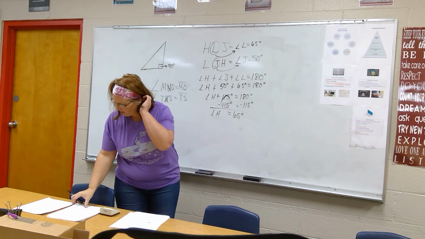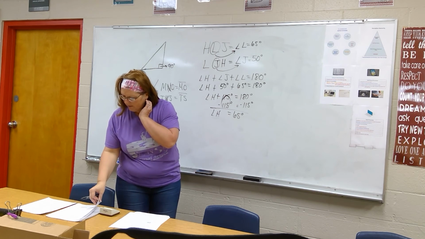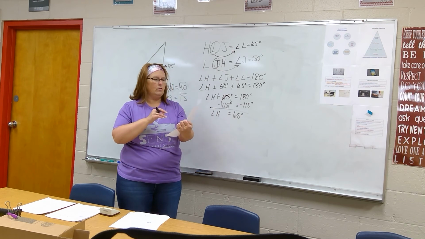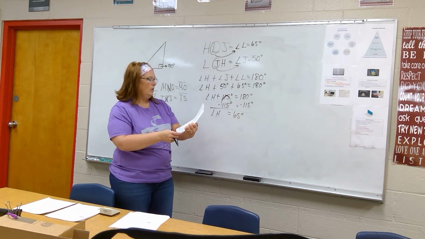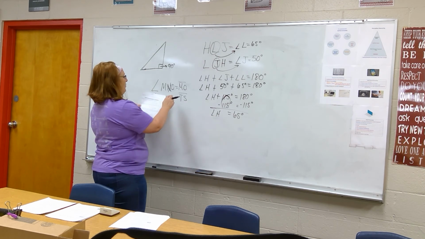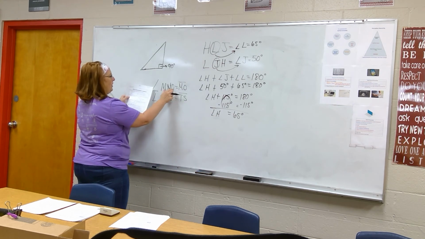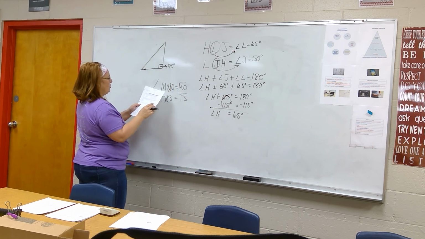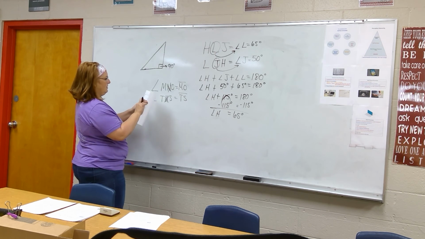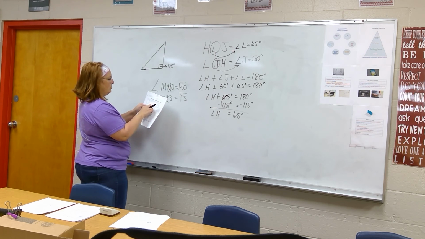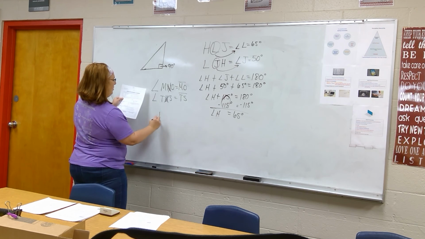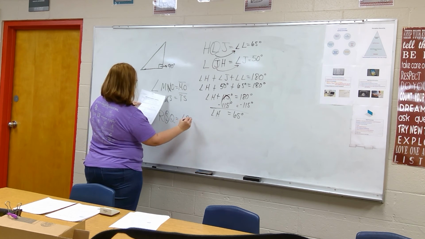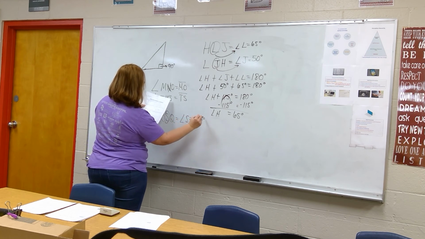So I'm going to let you get started on your assignment. Your assignment for this video is the page that looks like this, angle relationships and triangles. So on the first one, they just want you to get rid of that middle one, write the two end letters, draw the line over the top. That's how you do number 1. Number 2, you're doing the same thing. They said in triangle QRS, the measure of angle RSQ, that's this one, equals 29.1 degrees.